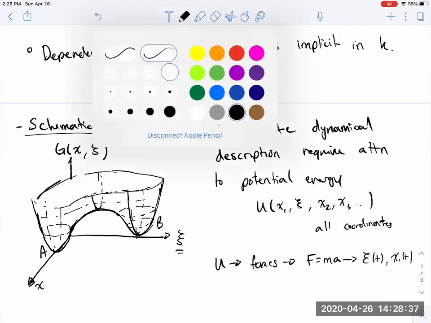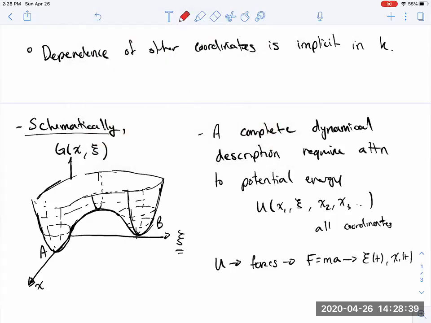That is to say that if I was going to imagine a trajectory that starts in A, you know, how it moved around to B, how I would dynamically evolve that time series would require a full potential energy surface, not just some reduced dimensionality space.